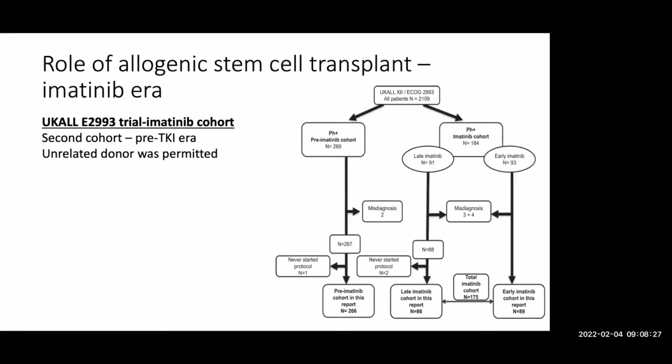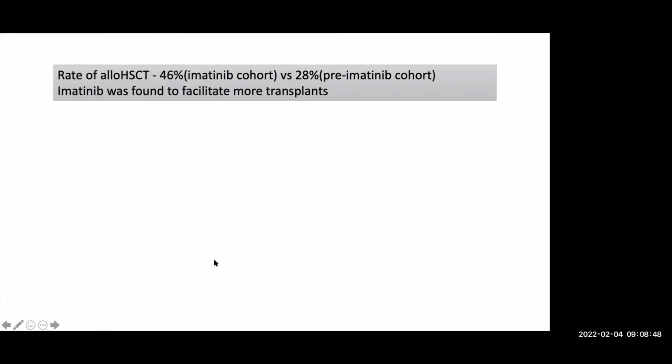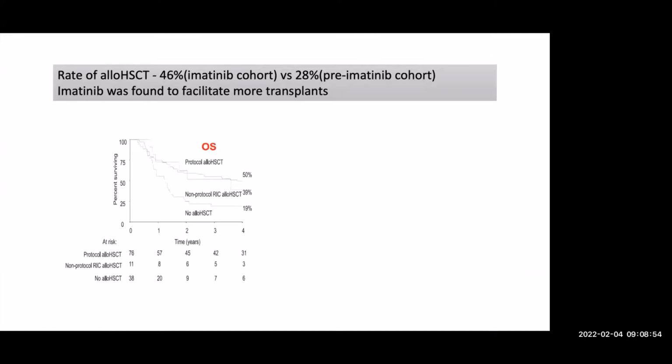With the introduction of imatinib, they did the second arm of the UKLL trial, where again what they found is that the OS had actually improved in comparison to the pre-imatinib era. So as I had mentioned before, imatinib was found to facilitate more transplants.